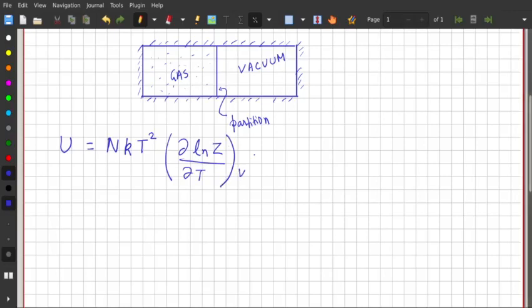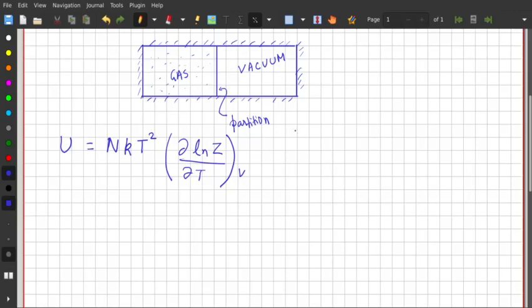Okay, that you recall from our main lectures, where we saw how important the partition function is, and the partition function helps us to compute all other thermodynamic quantities.